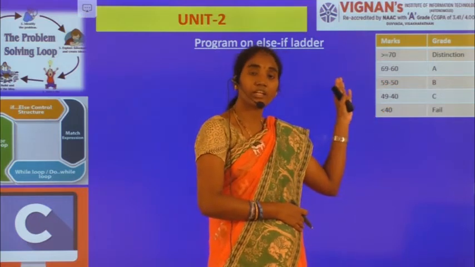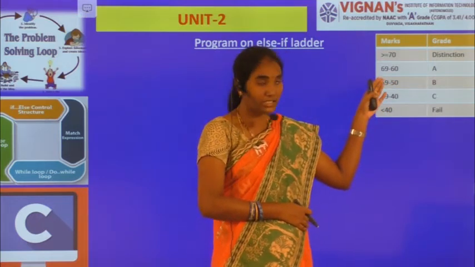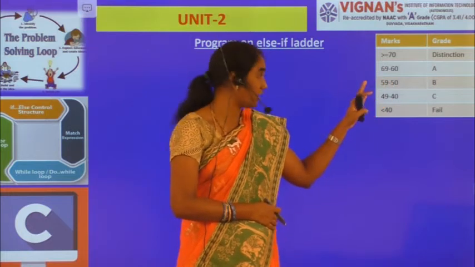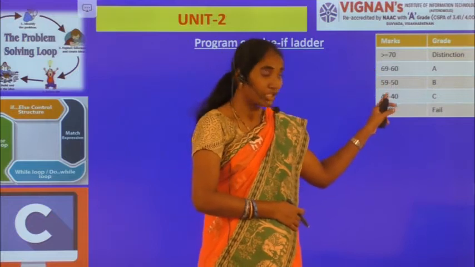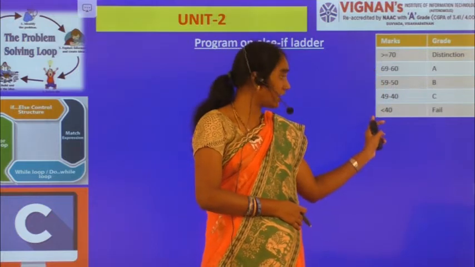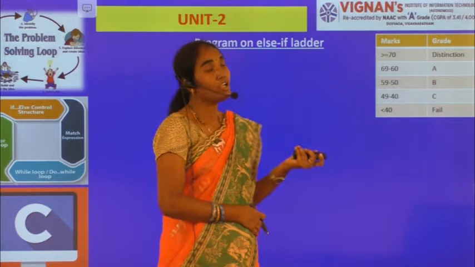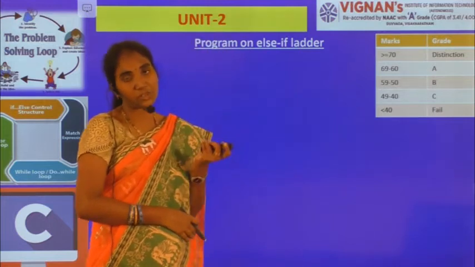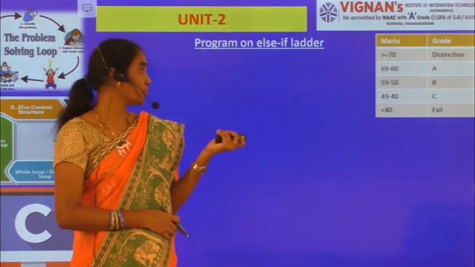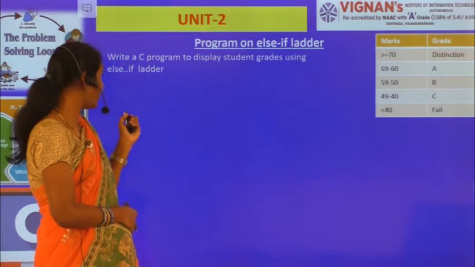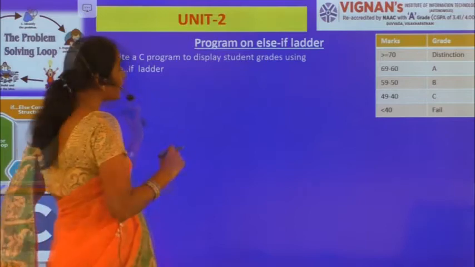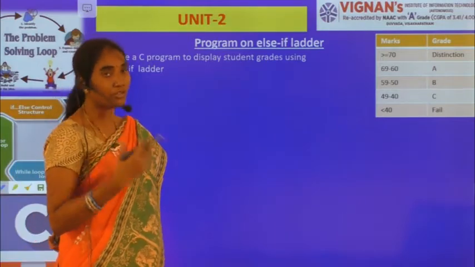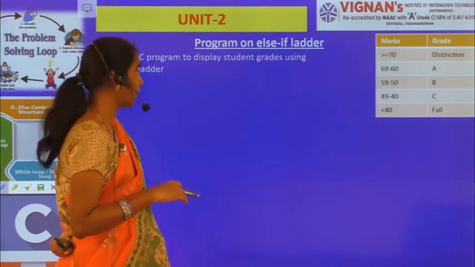If he or she is getting between 69 to 60, then he is getting grade A, 59 to 50 means grade B, 49 to 40 means grade C, and less than 40 means he is failed. Likewise, I want to display the corresponding grade of a student. Now let's write the program for this by using else if ladder. Here I'm not writing the entire program, but I'm giving you the logic. After that I'll show you the program, right?